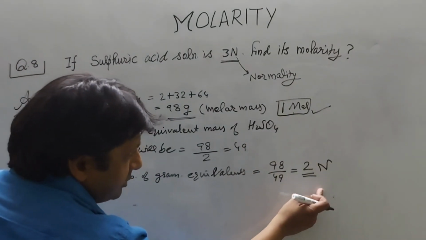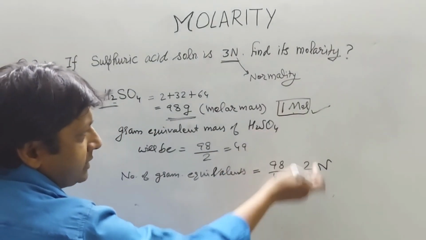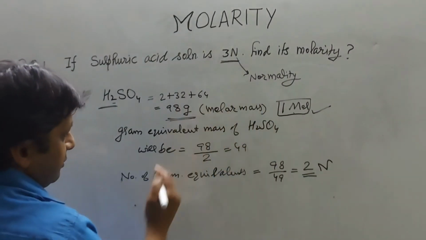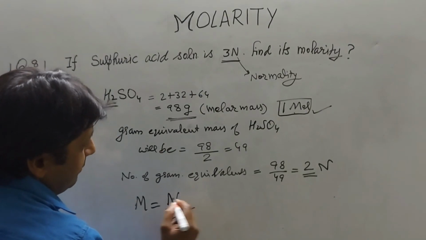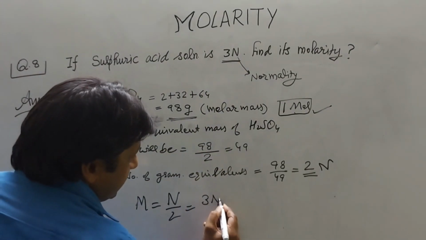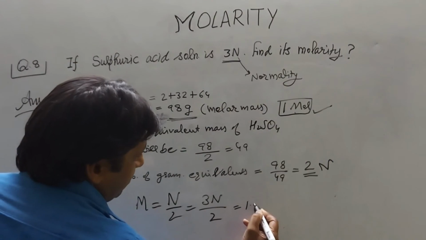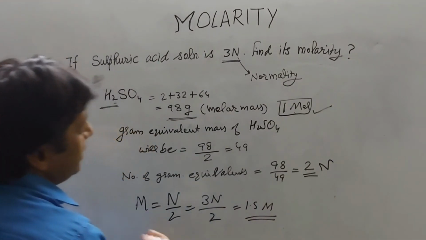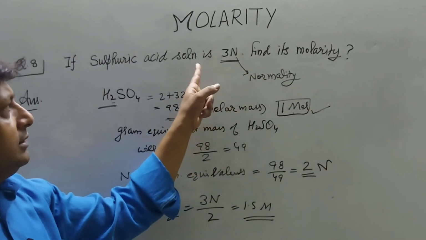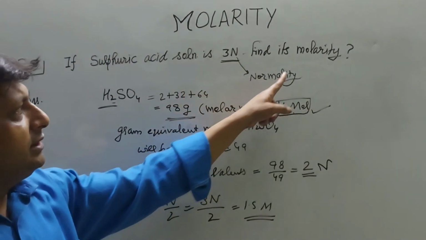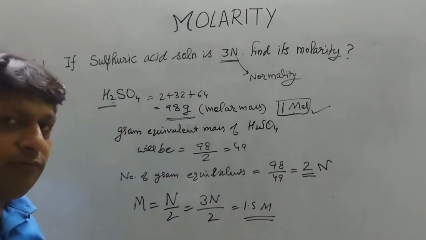If normality is 2, then molarity is 1. Just half. Therefore, molarity will be N by 2. N means normality. Normality is 3N, divided by 2, that is equal to 1.5 M. It means a solution of sulfuric acid having 3 normality has molarity 1.5 molar.